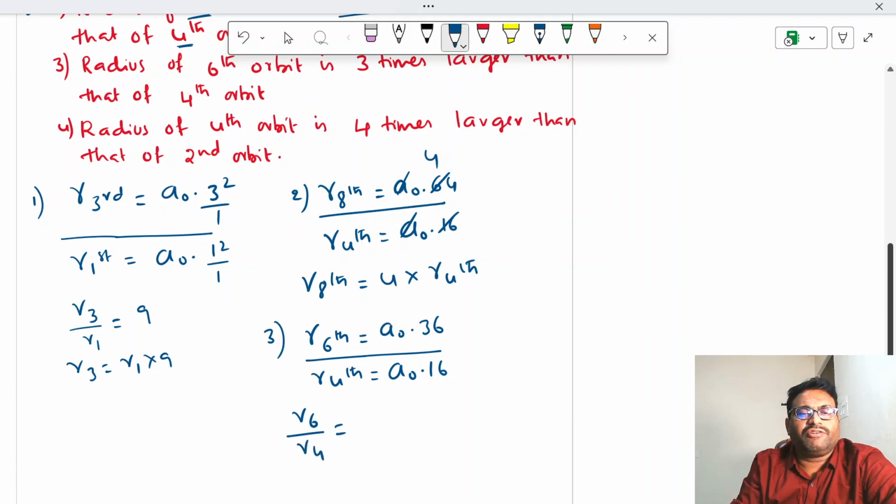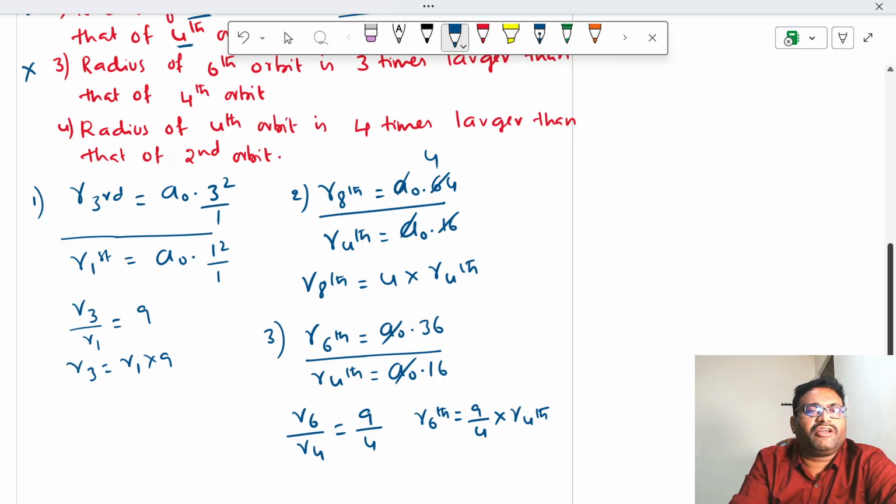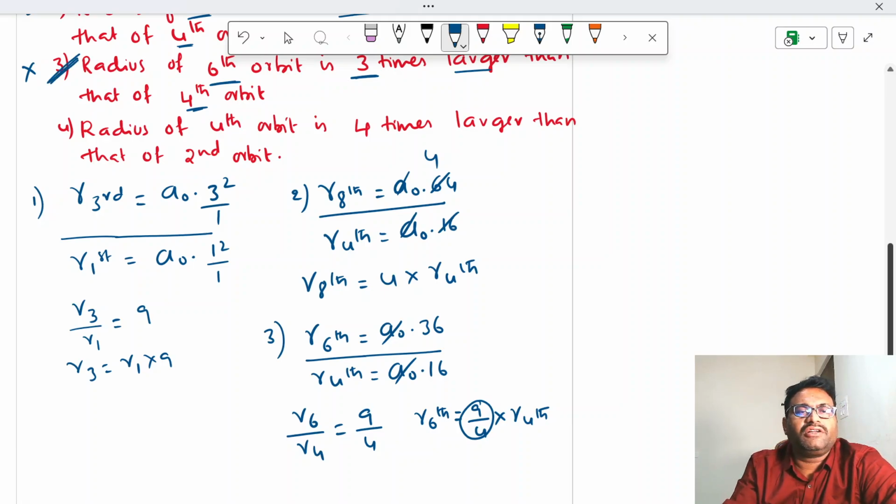R6 by R4 is equal to 36 by 16, that is 9 by 4. So radius of 6th orbit is 9 by 4 times the radius of the 4th orbit. So this is wrong. What is given? Radius of the 6th orbit is 3 times larger than, no, how many times? 9 by 4 times. So question asked is incorrect, so this is incorrect. So this will be the correct option.